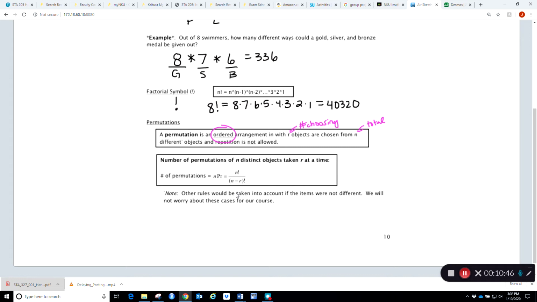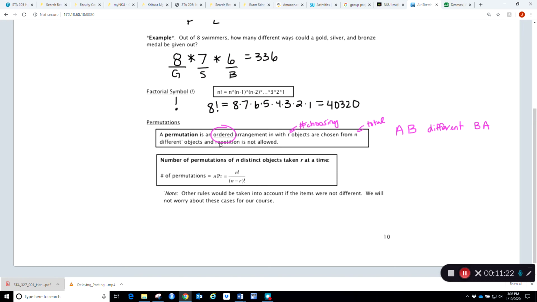Right, so these objects have to be different. So for example, if I had different people, they would be different. What repetition is not allowed means is once you're chosen once, you can't be chosen again. That's just what that part means. Ordered is important in the fact that if I'm choosing 2 letters from the alphabet, if I chose A and then B, that would be different than choosing B first and then A. So they're ordered.